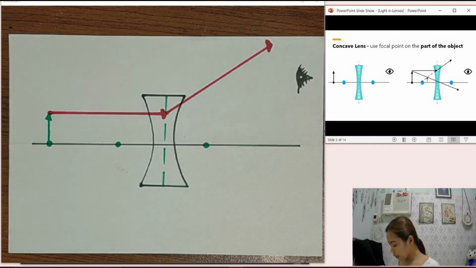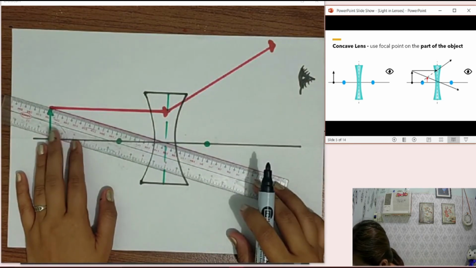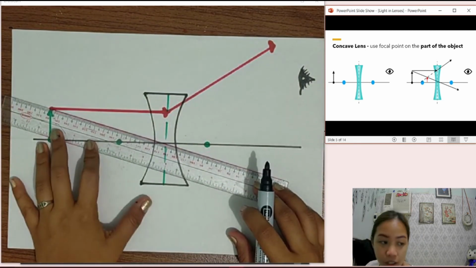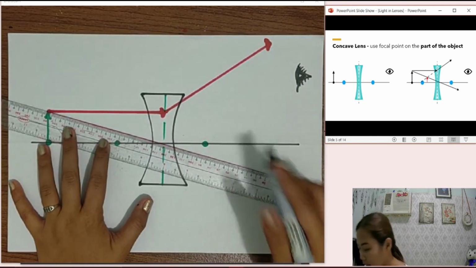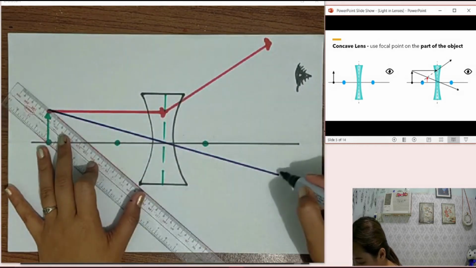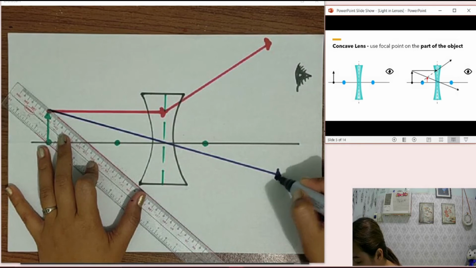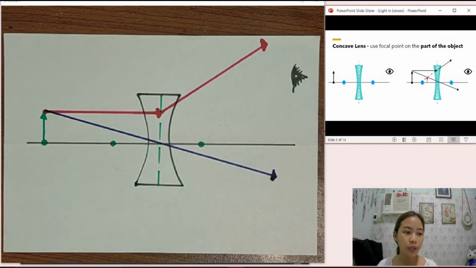And for our second light ray, it's slant again. We do the same thing. Okay? So here it is. So, there. It just passes through the intersection of the normal line and the optical axis. Okay, so if we take a look at our light rays, none of them converge. So what are we going to do?